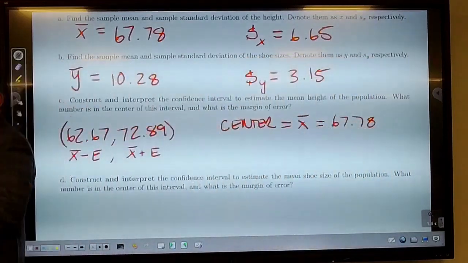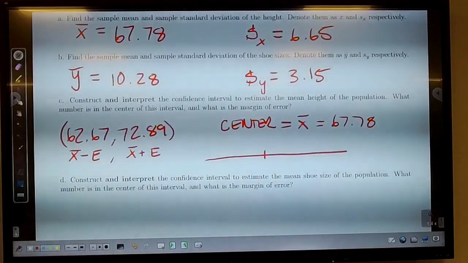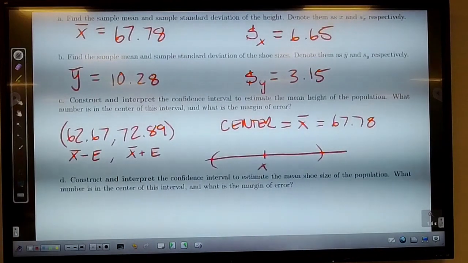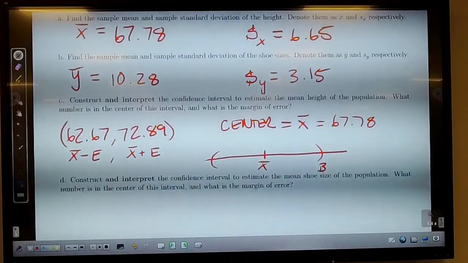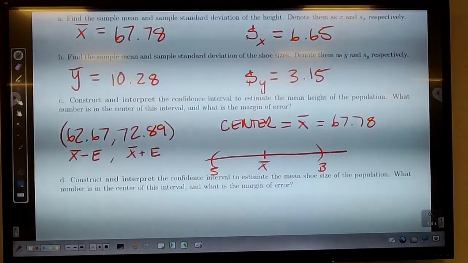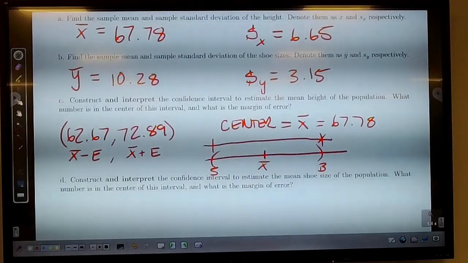If you want to subtract, draw a picture. There's the middle. This is the big number. This is the small number. And if you take their difference, then you will have this length.